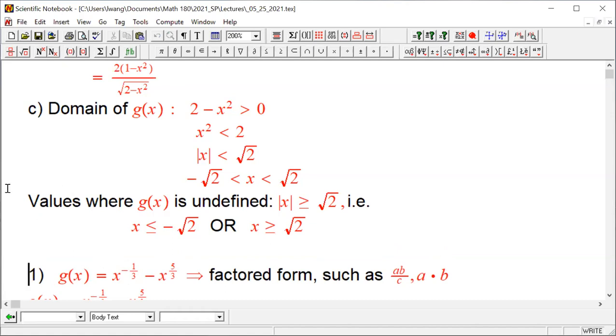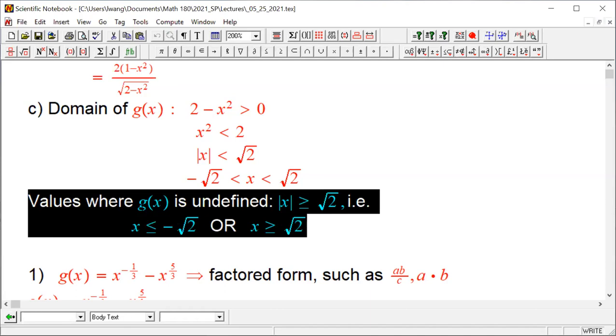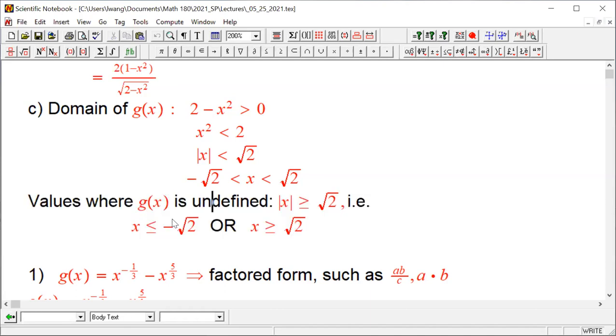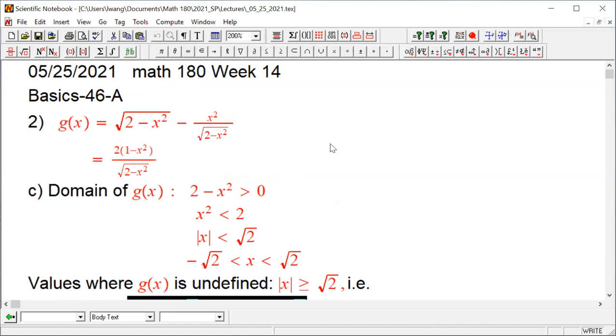But for the specific question I have here, asking you to identify the values where G is undefined, you need to give me that answer. Do you follow me? Answer the question that was given.